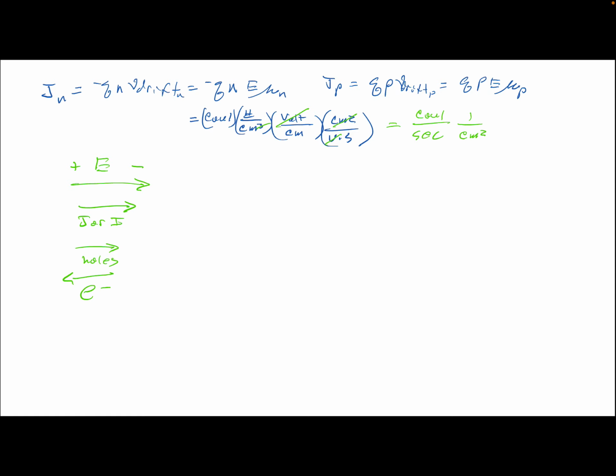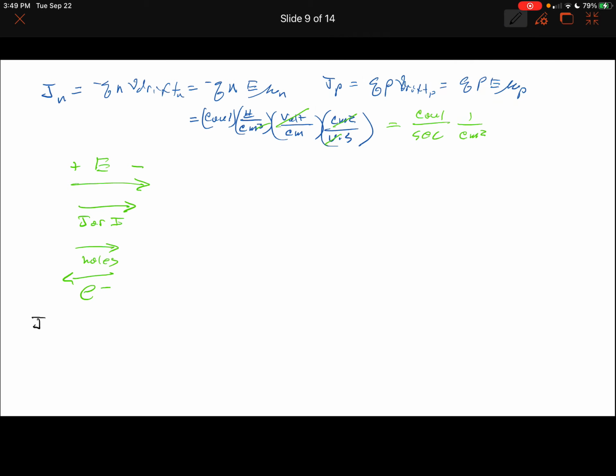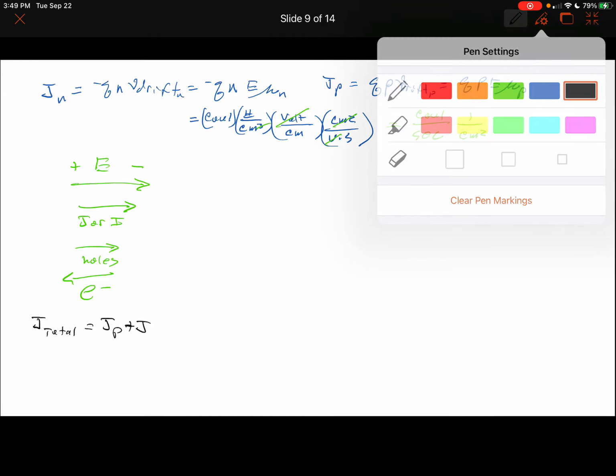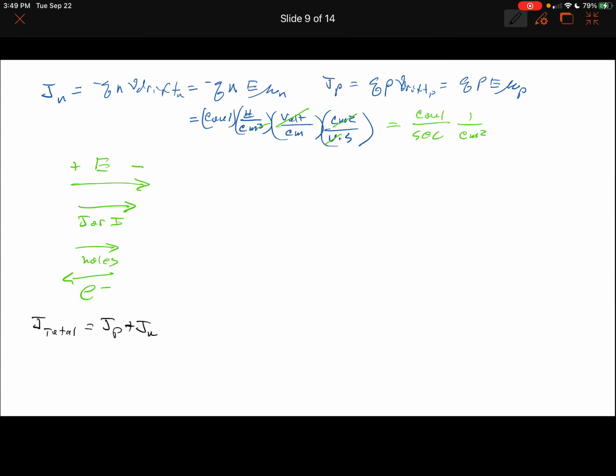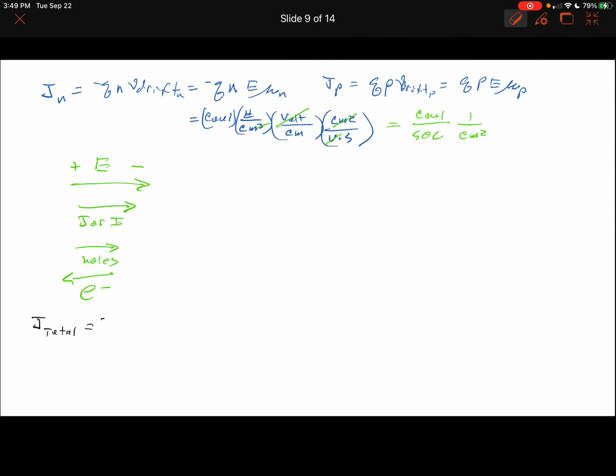Now, both electrons and holes contribute to the total current. Oops, what am I saying there? Both electrons and holes contribute. Let me write that the other way. I don't think it matters.